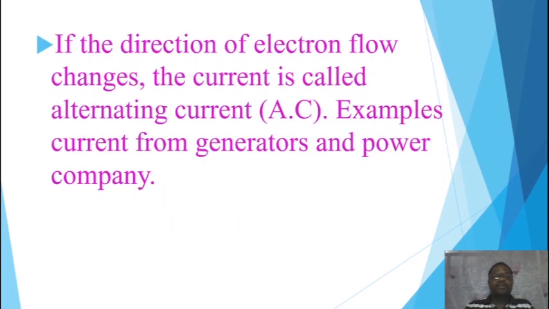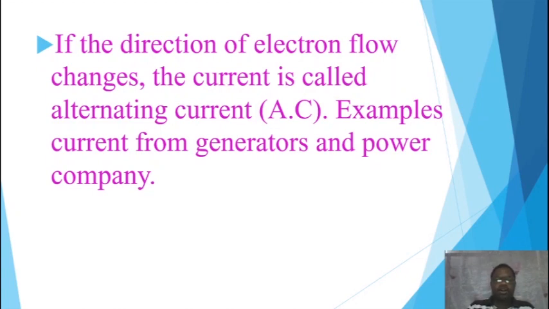Okay, now we say that if the direction of electron flow changes, then the current is called alternating current. So we call alternating current the current that changes in direction with time. For example, alternating currents are obtained from generators and power generating companies, like the electricity you use at home from the discos.